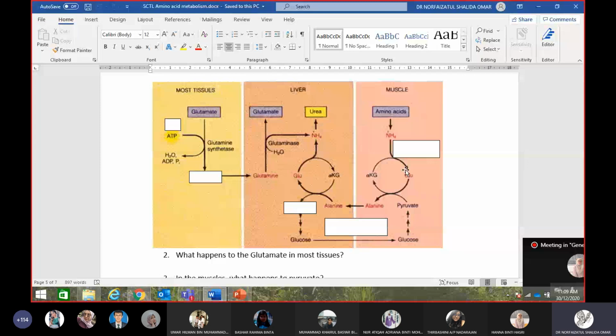All this ammonia will be transported through the glucose-alanine cycle, from muscle and from other tissues like the spleen and other organs.